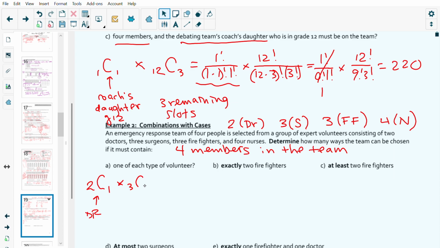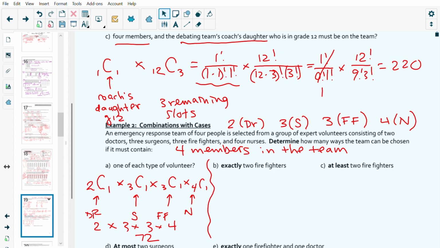For the surgeons, there are 3 possible surgeons. I just need 1. Firefighter, likewise, 3 possible firefighters, and I'm just selecting 1. And the last one is 4 possible nurses. I'm just selecting 1. Put that all in your calculator. I got 2 times 3 times 3 times 4, and that's 72 possible ways to pick a team of 4 where it's 1 of each volunteer.